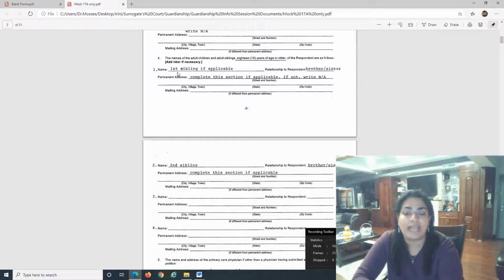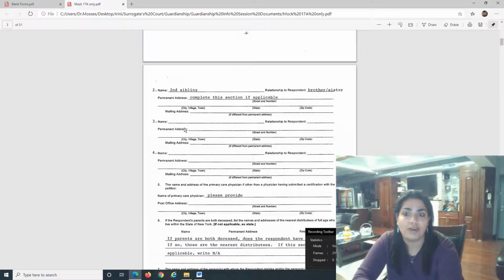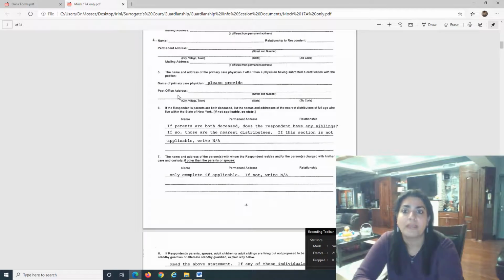And if you're asking that one of the siblings of the respondent becomes a standby if you're not able to serve, then they also have to do an oath and designation, okay? But for purposes of the petition, we just need their names, relationship, and addresses. So you have up to 4 siblings that you can write down here. If there's additional siblings, just do that on a separate piece of paper.